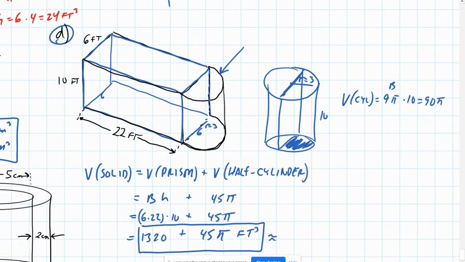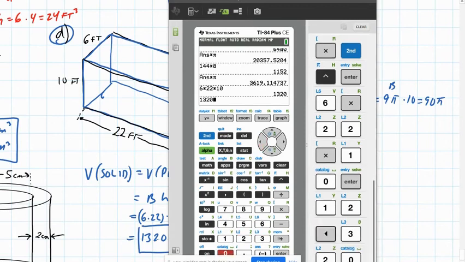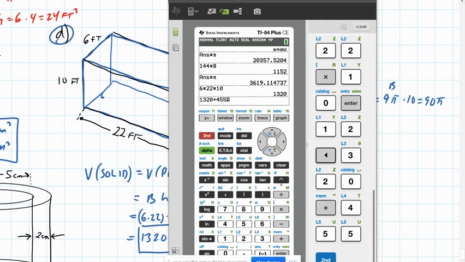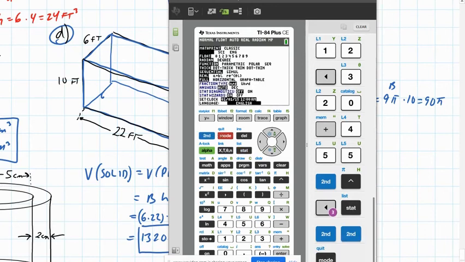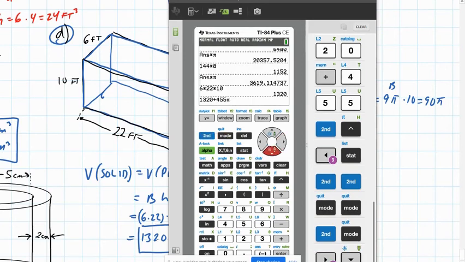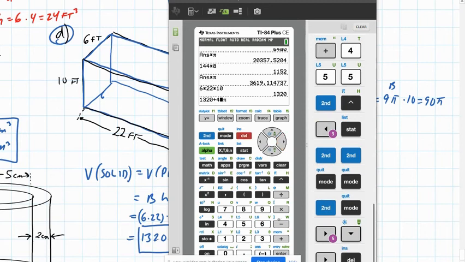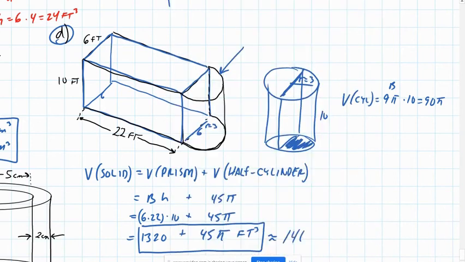We can also approximate that, putting that into the calculator. 1320 plus 45 pi is about 1461.4 cubic feet.